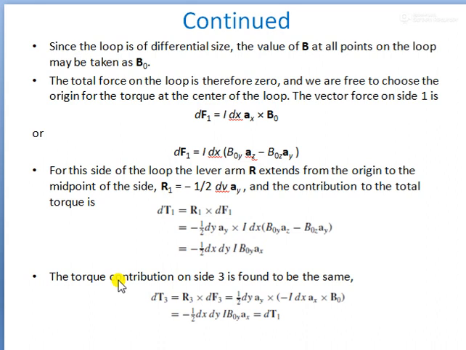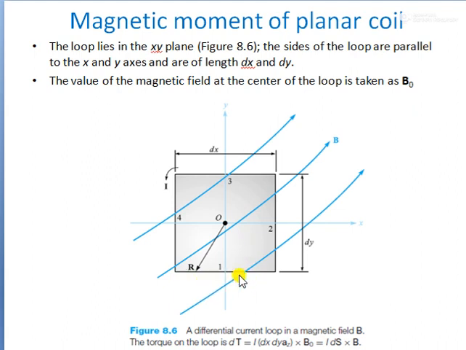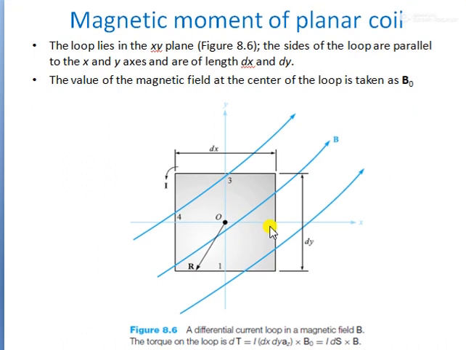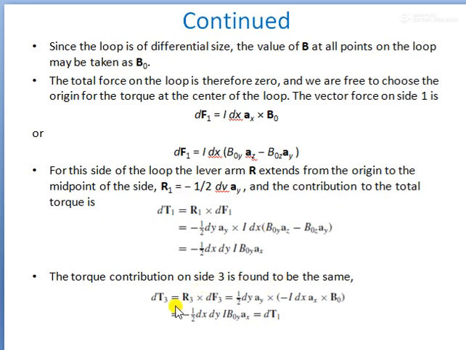Now the contribution from side 3 is found to be the same. All I am talking about is this rectangular shape. This is one side and the contribution of the opposite side will be again the same. So that is dT3 equal to R3 cross dF3.